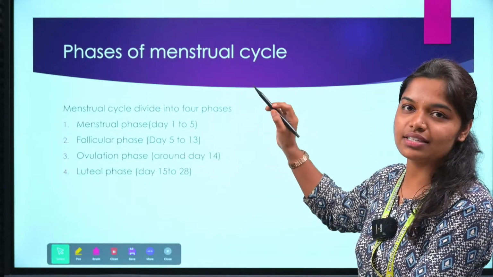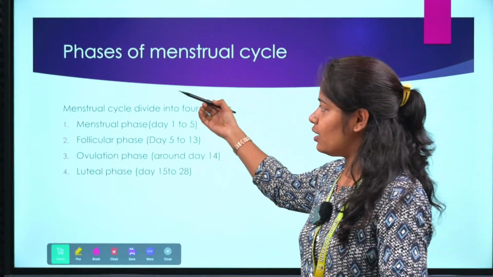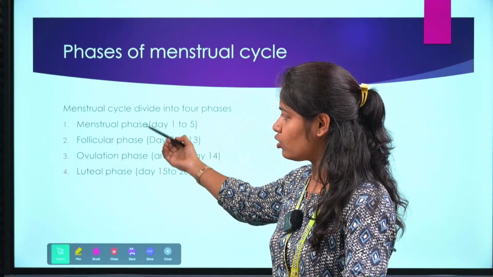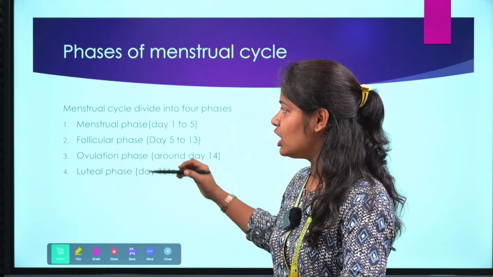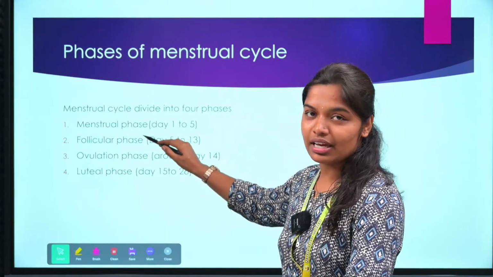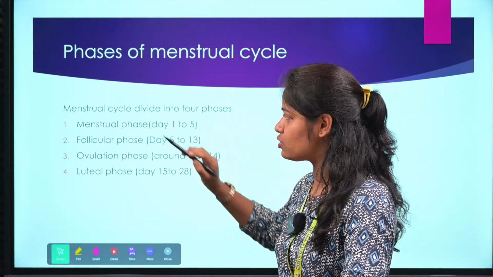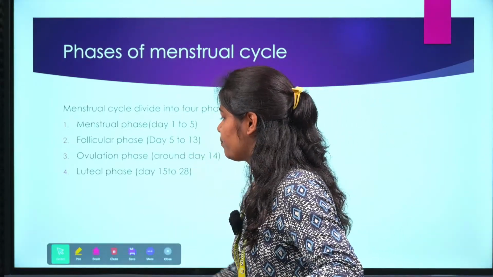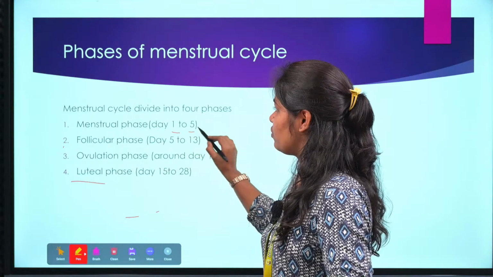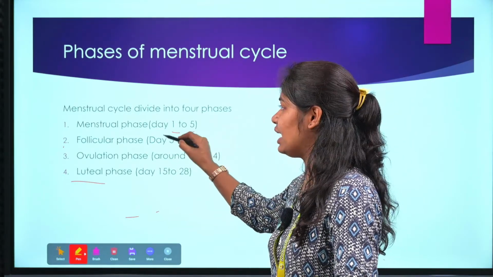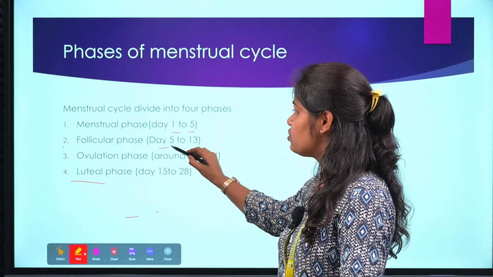Next are the phases of the menstrual cycle. The menstrual cycle is divided into 4 phases: menstrual phase, follicular phase, ovulation phase and luteal phase. The first day of menstruation to day 5, we call the menstrual phase. The follicular phase is from day 5 of the menstruation to the 13th day.